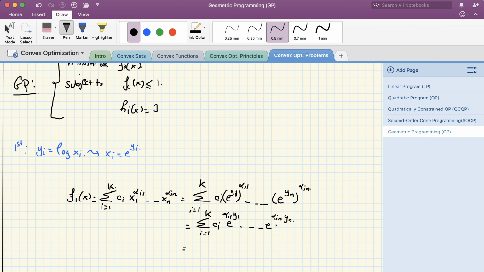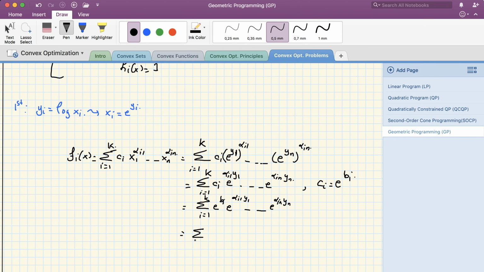Now let's express the c_i as e to the power b_i, if you will. So we get e^(b_i), and then e^(alpha_i1 y1) down to e^(alpha_in yn). Since the base is common, we could write this as exponential of b_i plus alpha_i1 y1 down to alpha_in yn.